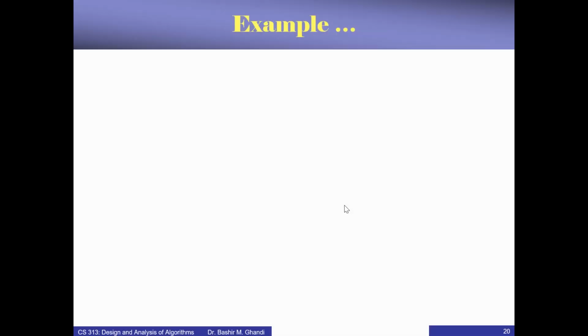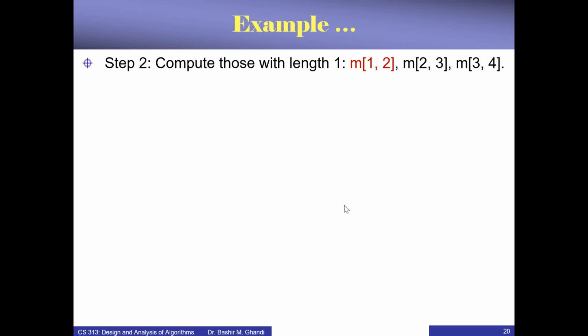Okay, next is to consider those of length 1. Subproblems of length 1 in this example are only 1,2, 2,3, and 3,4. Why is the subproblem of length 1? Because k can only have one value, which is 1 in this case.